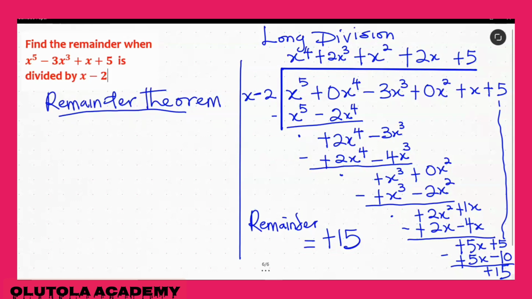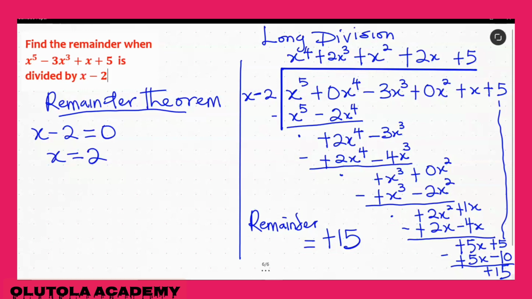And if we use the remainder theorem, which is my best method because, as I said, it is shorter, as we did in the previous example, you take the divisor, which is here x minus 2, you equate it to 0. When you equate it to 0, then you have your x to be 2. Then you put the value of x, which is 2, into the function.